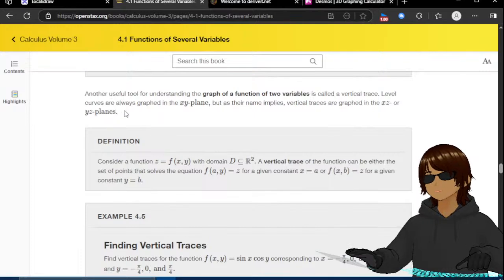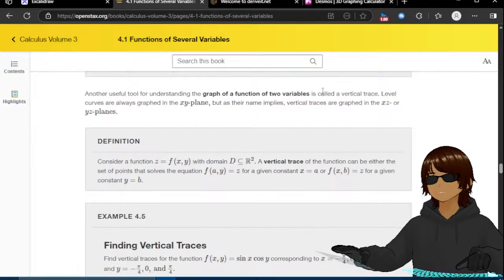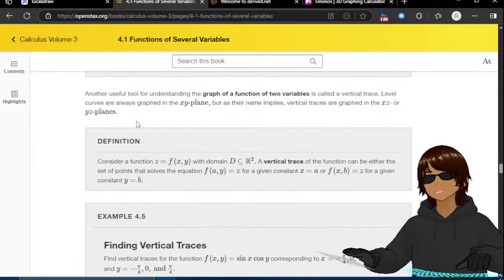Another useful tool for understanding the graph of a function of two variables is called a vertical trace. Level curves are always graphed in the xy plane, but as their name implies, vertical traces are graphed in the xz or yz planes. Consider a function z equals f of x, y with domain R squared.